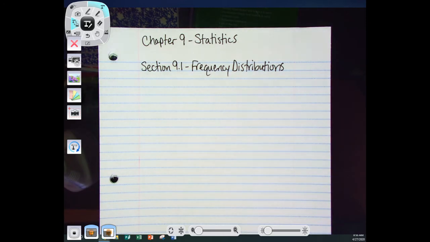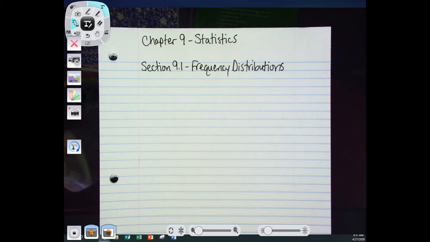So before we get started on frequency distribution, just a couple of terms that will also pop up that you'll hear. The first one is a random sample. When we want to make an inference or learn something about a characteristic of a population, we want to make that inference about the whole population without getting information from the whole population.